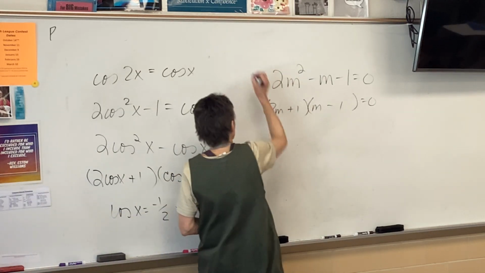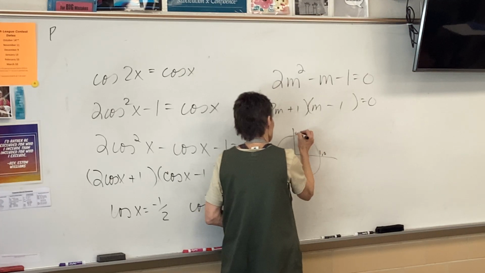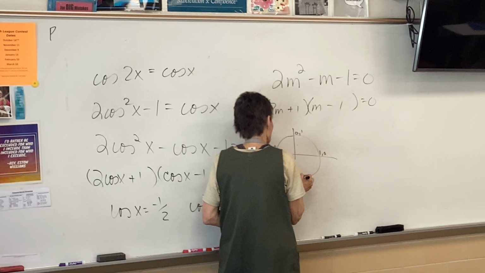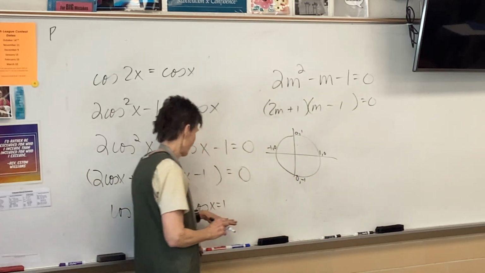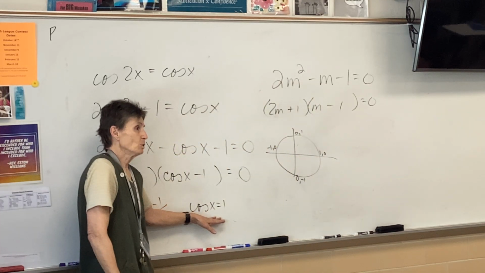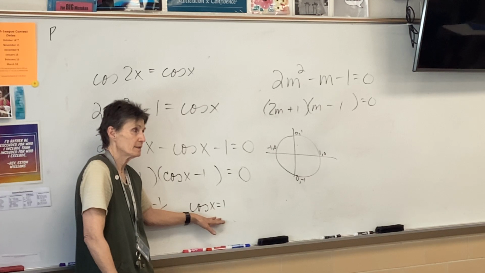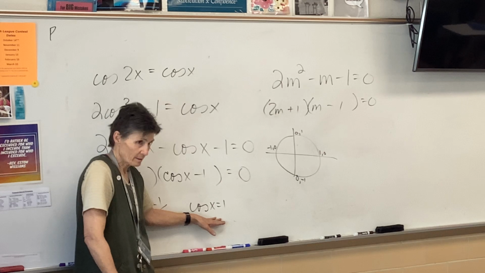Well, I erased my circle and I shouldn't have. This time, as I look around my circle, I am looking for where the cosine is 1.